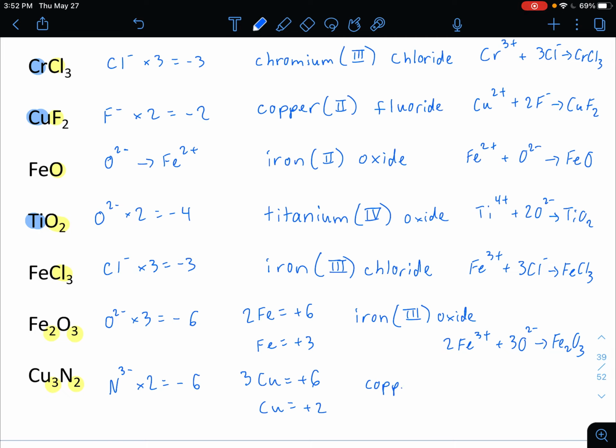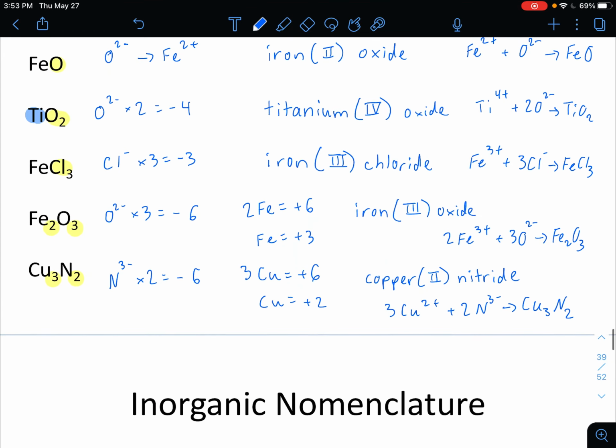So this will be copper 2 nitride. And so now it's 3 Cu2 plus 2 N3 minus makes Cu3N2. Okay, so that'll take some work to get used to, but that's the general idea in terms of what it is we're trying to do with these.